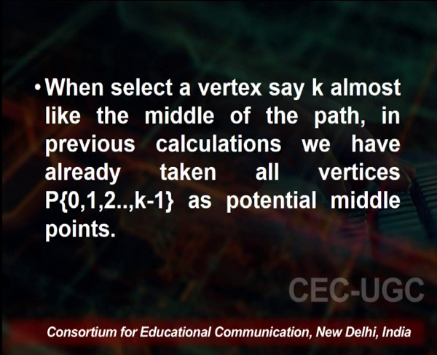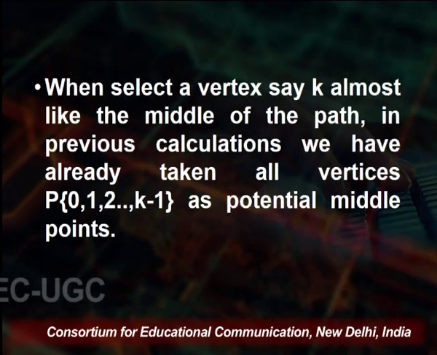One thing worth noting here is that we pick one vertex at a time and update the shortest path which includes the chosen vertex as an in-between point along the path. So, when we select a vertex, let us say k, as the middle of the path, in the previous calculations we have already taken all the vertices from 0 to k minus 1 as potential middle points.